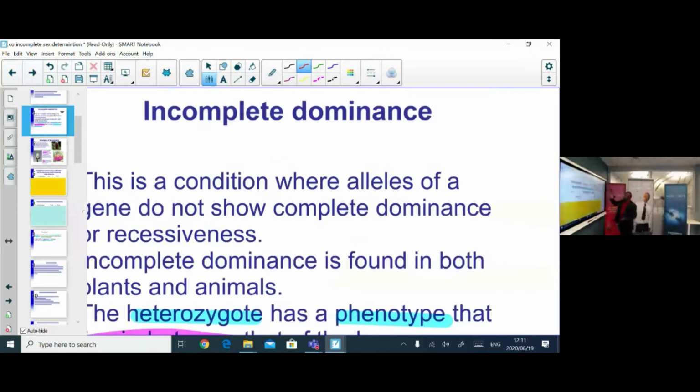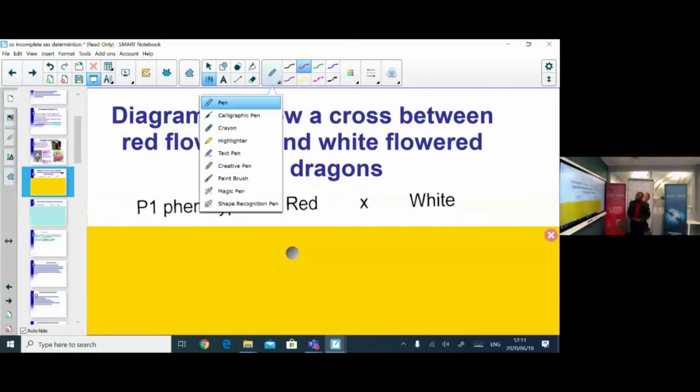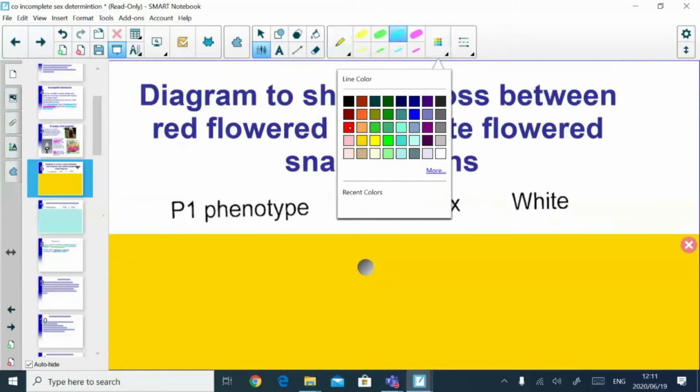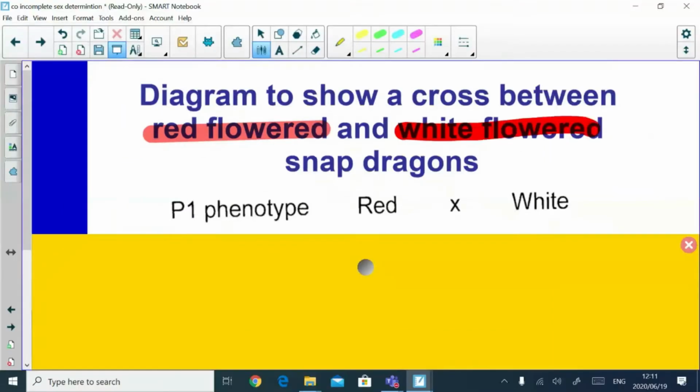Draw a diagram to show a cross between red-flowered and white-flowered snapdragons. This is an example of an incomplete dominance situation.